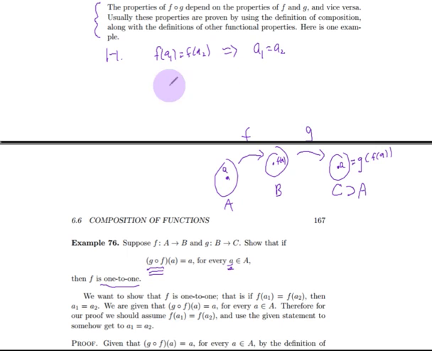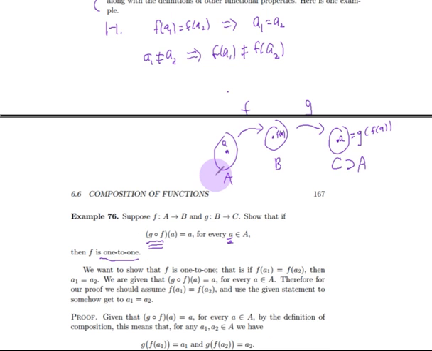That's one way of showing 1 to 1. Another way is that A1 is unequal to A2 implies F of A1 is unequal to F of A2. If I can show either one of these, that shows that F is 1 to 1. Okay, so let's see which way they do it in the proof.